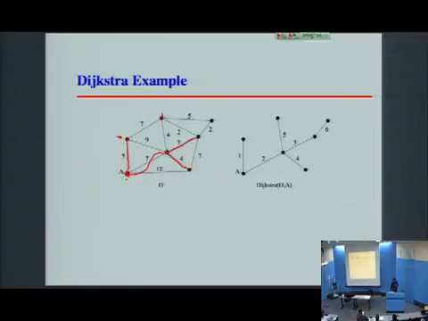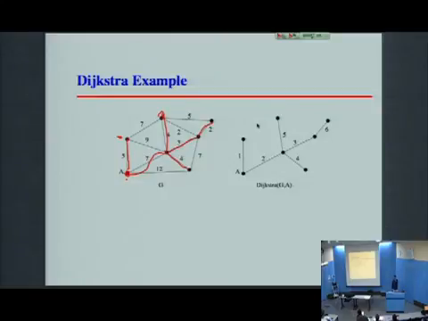The cheapest way to do it is this, okay? And once I've got this, what are my choices? I can get to this vertex at a cost of 11 plus 5, or 16, or this at a cost of 2 plus 10. This is the right thing to add. Okay? Any questions about that?